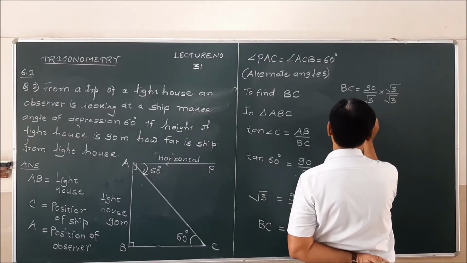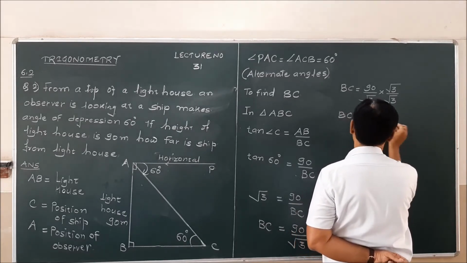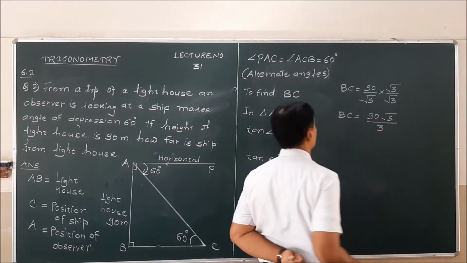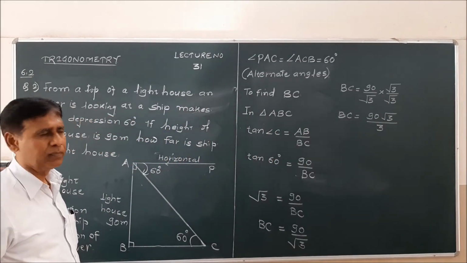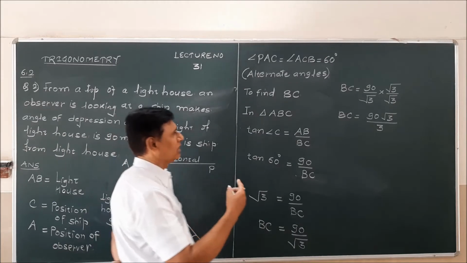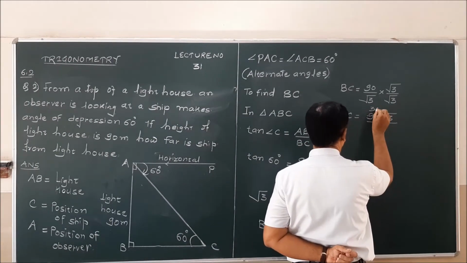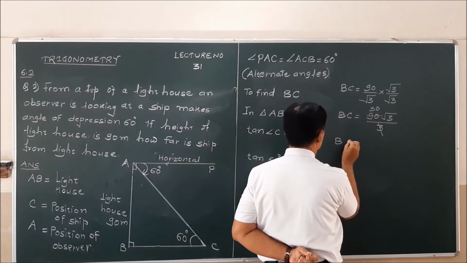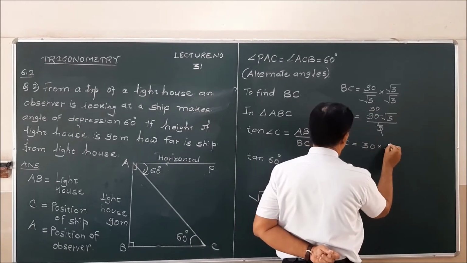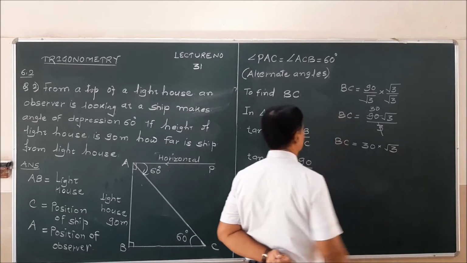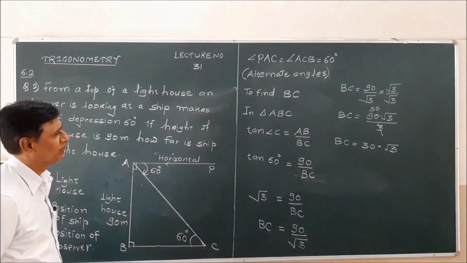Therefore, BC is equal to 90 root 3 upon 3, because root 3 into root 3 is 3. So 3 thirties are 90. So BC is equal to 30 into root 3.